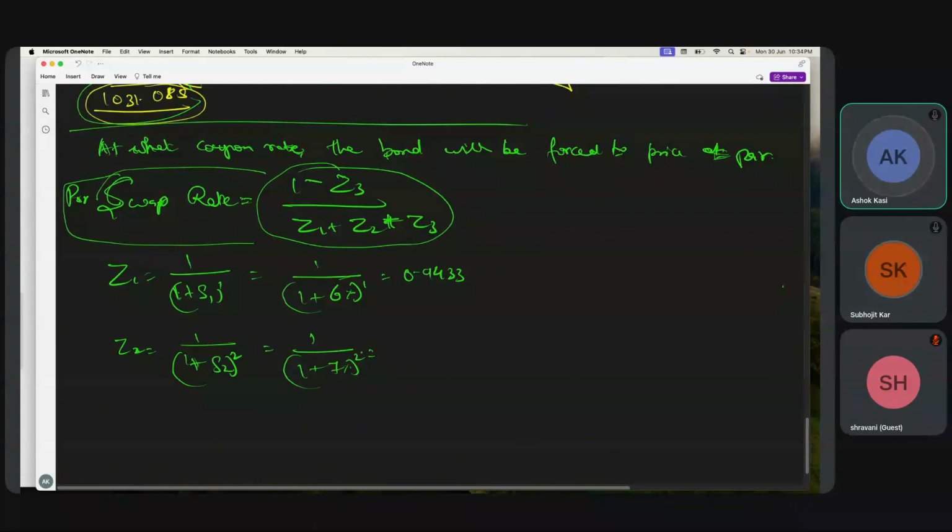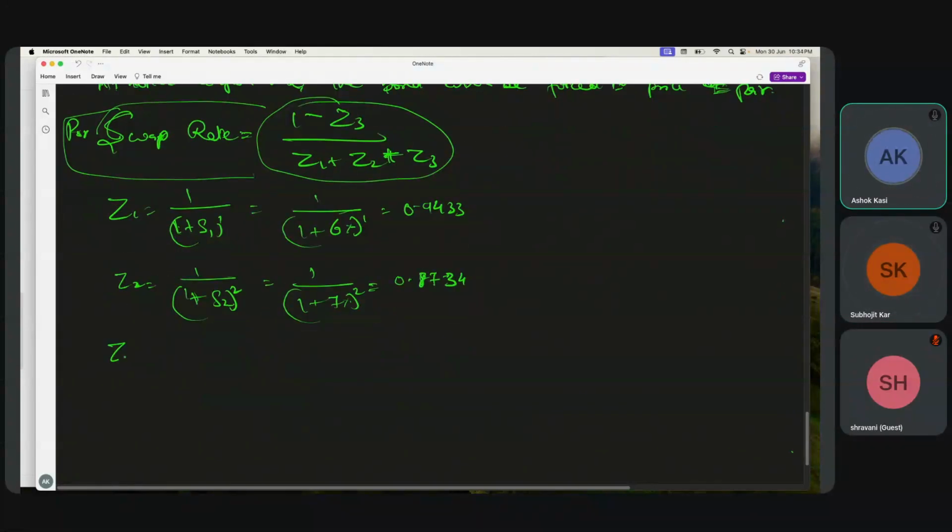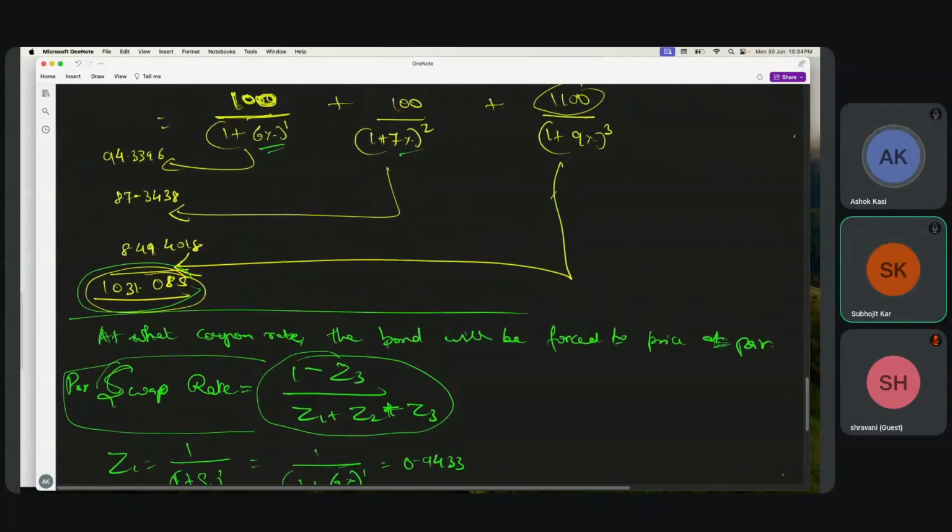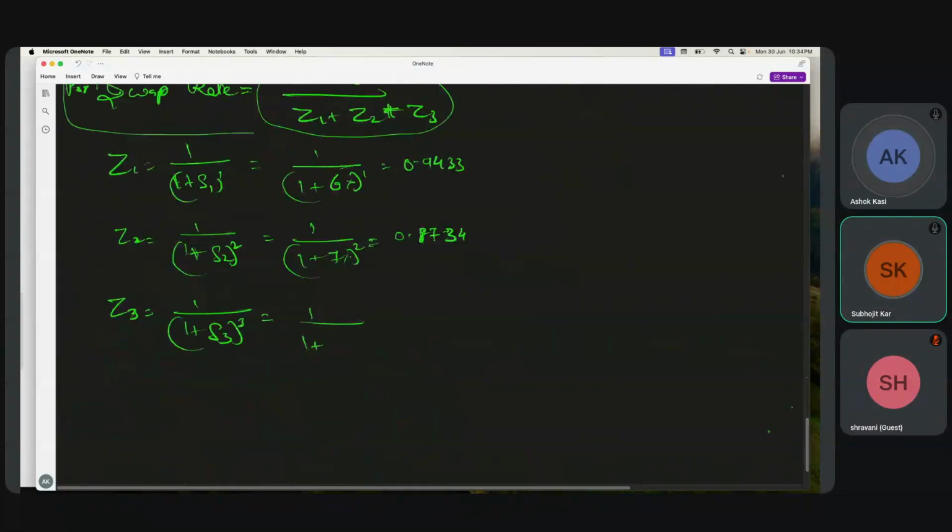Right now we are just calculating it mechanically. Z3 is 9% raised to 3, which is 0.7722.